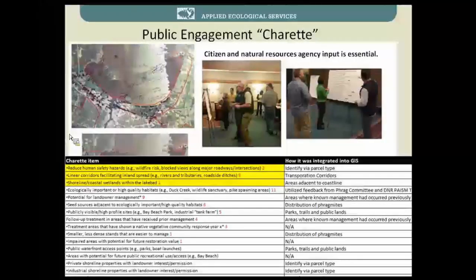So the public engagement process has been really critical, and that has been useful for not only picking up a little more on the ground intelligence about what's actually out there where we haven't visited, but also engages people that want to know more over time about how they can help.